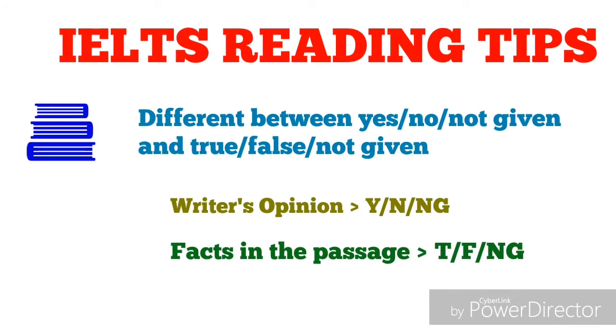However, there is a subtle difference between yes no not given questions and true false not given questions. In yes no not given questions, one usually refers to the writer's opinion on topics, while for the true false not given question, one actually refers to the facts or information in the passage.